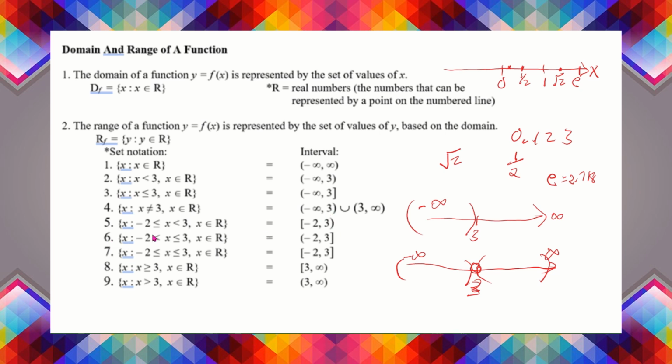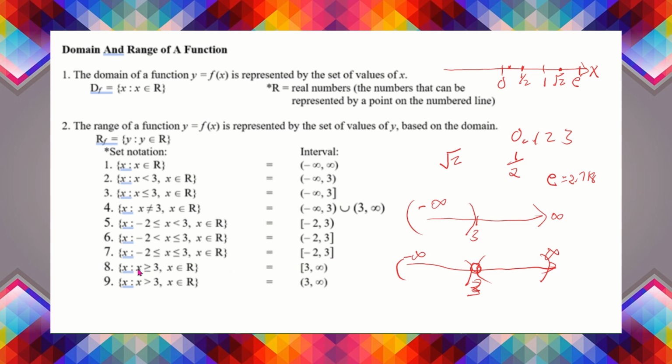Then number 6, negative 2 is not included, 3 is included, so beside negative 2 is a round bracket, and the square bracket means 3 is included. Then number 7, both are included, so both use square brackets.